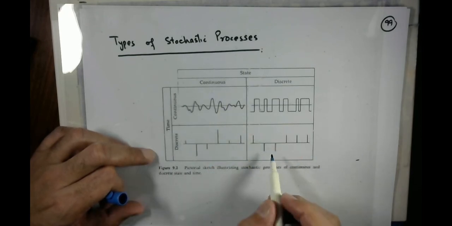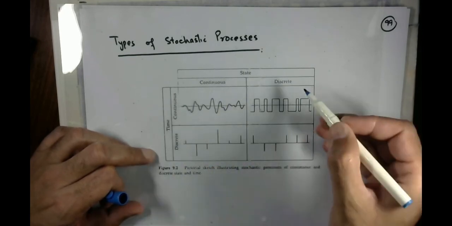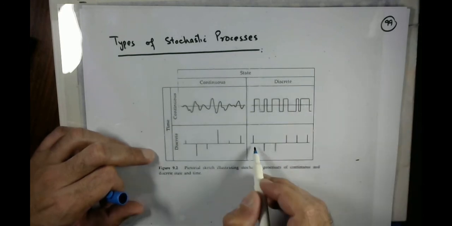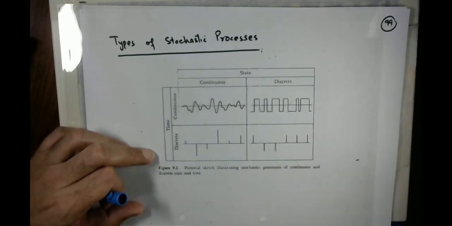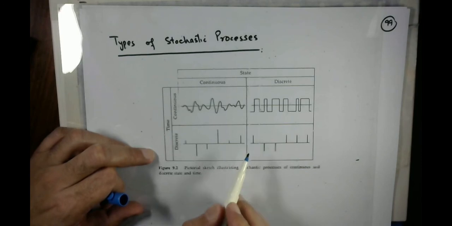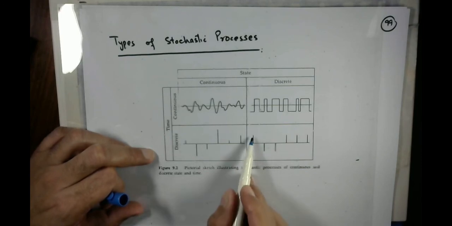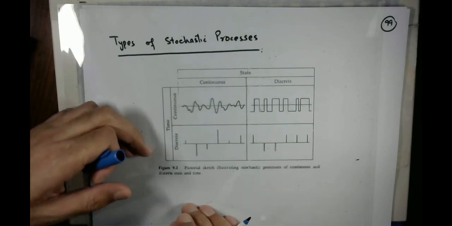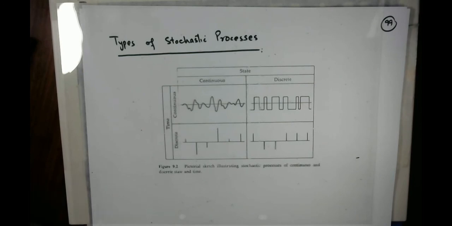And the last one is discrete time discrete state process, which means the time interval on which the process state is picked is discrete in nature, and the possibilities of the states are also discrete in nature. Here we see that it is either +1 or -1.